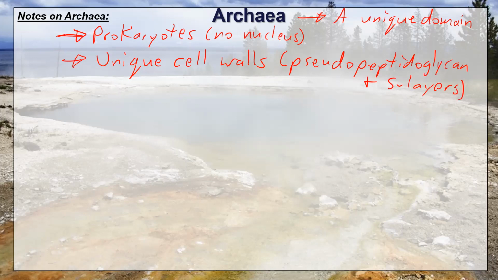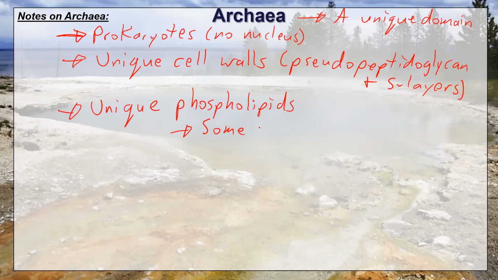What else? We also talked about archaea as having unique phospholipids. And remember that some of them are actually monolayers. So go back to the beginning of our lecture on membranes, and you'll see where I did mention it.